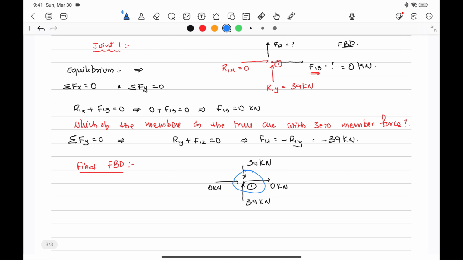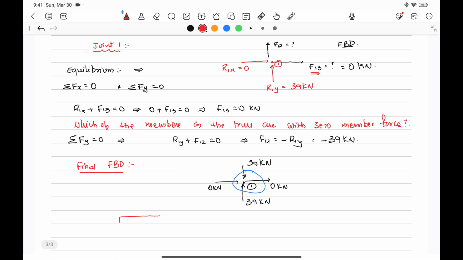Now, we will go to joint 2. In a member, please remember, it is also a very important concept. Whether it is written in the books or not, I don't know, but this way I go and I get the correct answers. Very important concept.